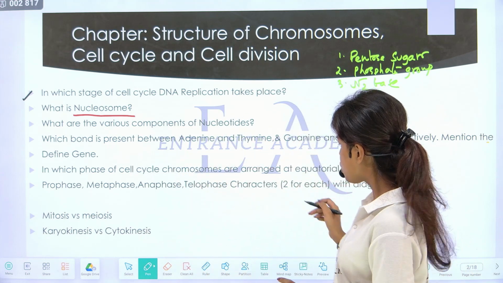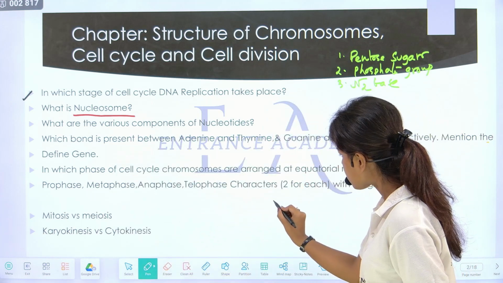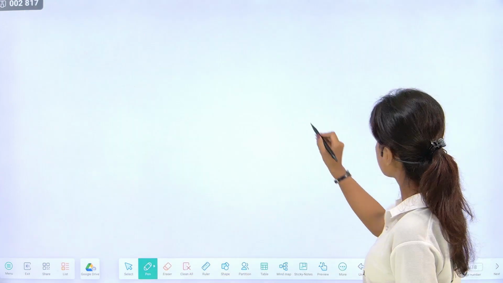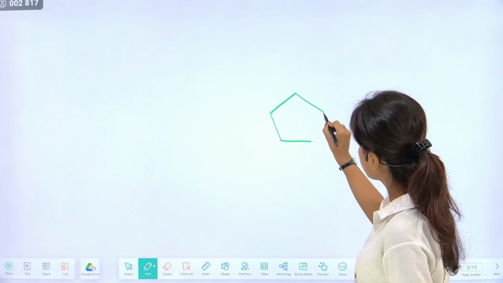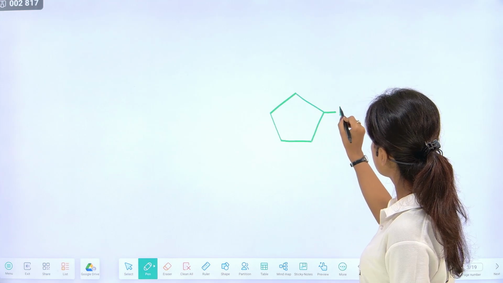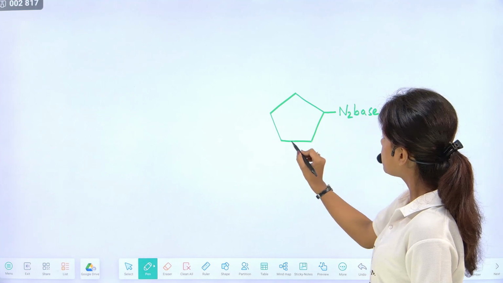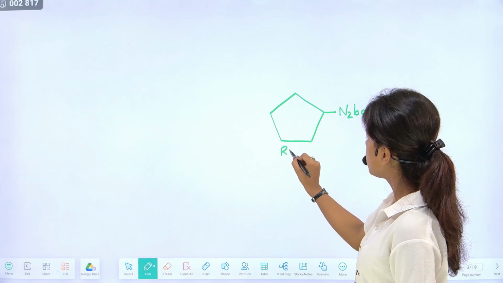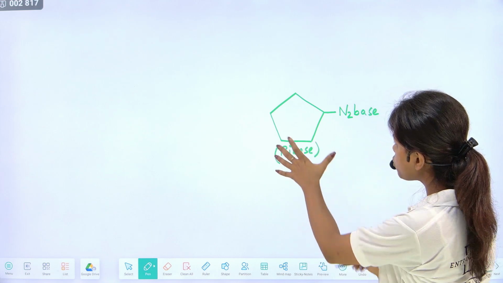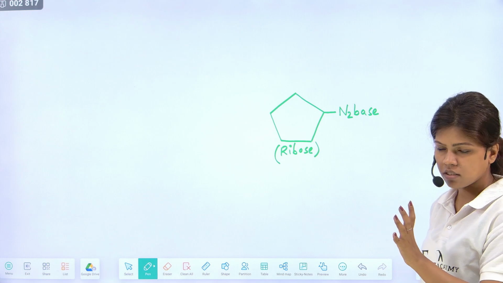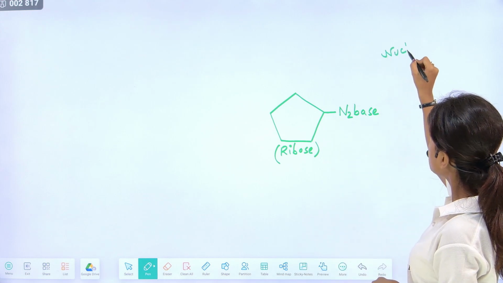Nucleoside. So how does it look like? It looks like this. This is the pentose sugar. In this case, it is ribose. So pentose sugar and nitrogen base, these two are known as nucleoside.